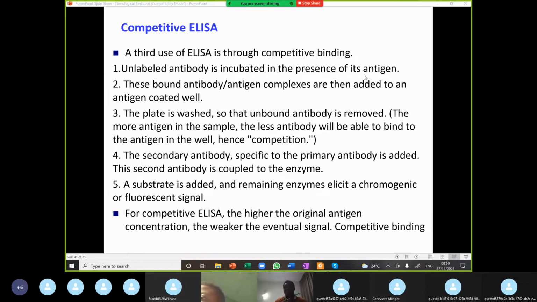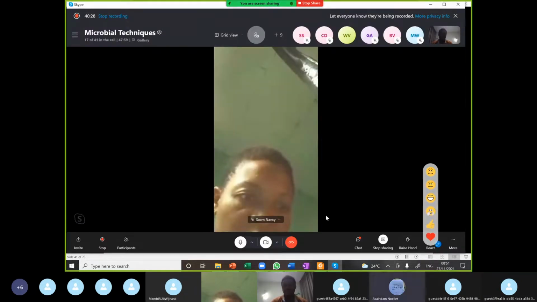After this reaction, we now take this mixture and introduce it into the coated plates. The antigen antibody mixture that was added, free antibodies, that means they will bind to the antigens in the coated plates.